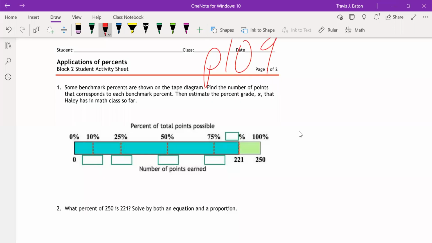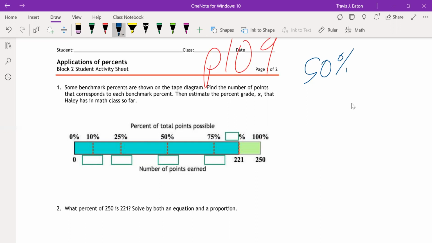All right, so we are continuing our discussion with percentages on page 109 of topic 4 on block 2, application of percents. Some benchmark percents are shown in the tape diagram, and benchmark percents are important things to know. So when we talk about benchmarks, we're talking about 50%. 50% is an easy benchmark, right?